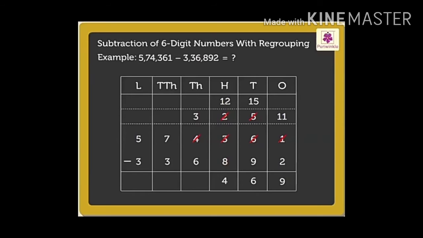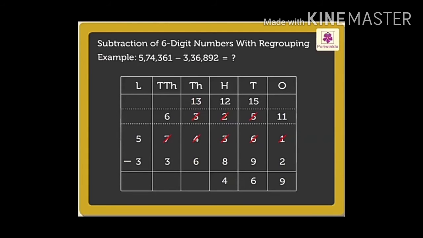Next thousands place. Here also 3 minus 6 we cannot subtract. As you know, 3 is lesser than 6. Again we have to borrow from the 10,000 place, or regroup the 10,000 and 1000 place. So now 13 minus 6.